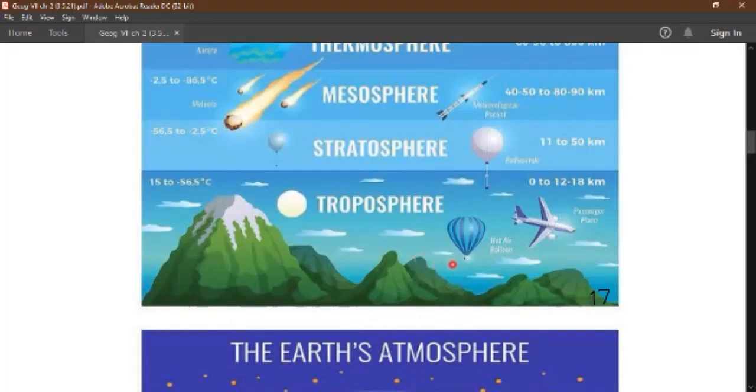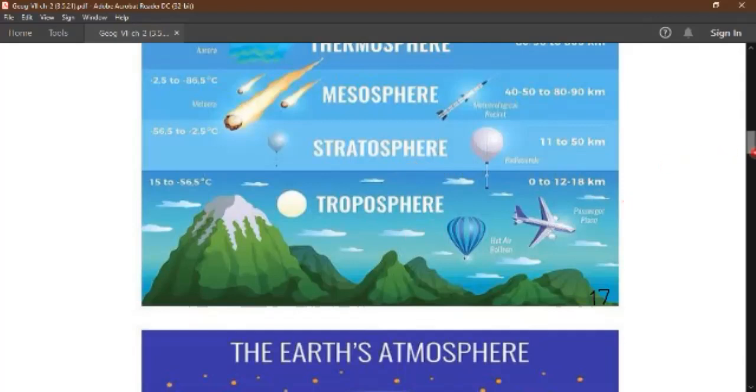All weather phenomena such as clouds, frost, rainfall, thunder, lightning, etc. occur here. The upper limit of troposphere is called tropopause.